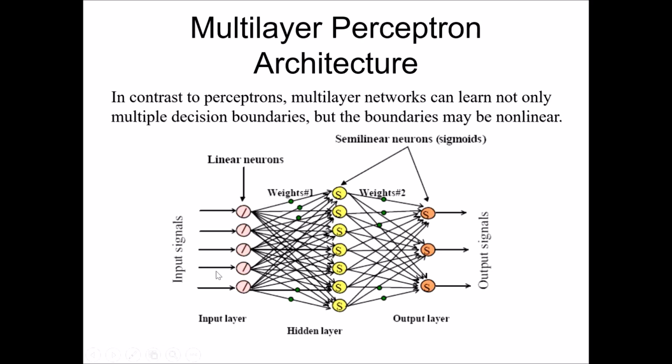For the linear neuron, which is the input layer, the dimension will be the same as your input signals. If you have, let's say, three dimensions of input signals, then your input layer will have three nodes. The same thing goes for the outputs. It will also depend on the dimension of your output sample.